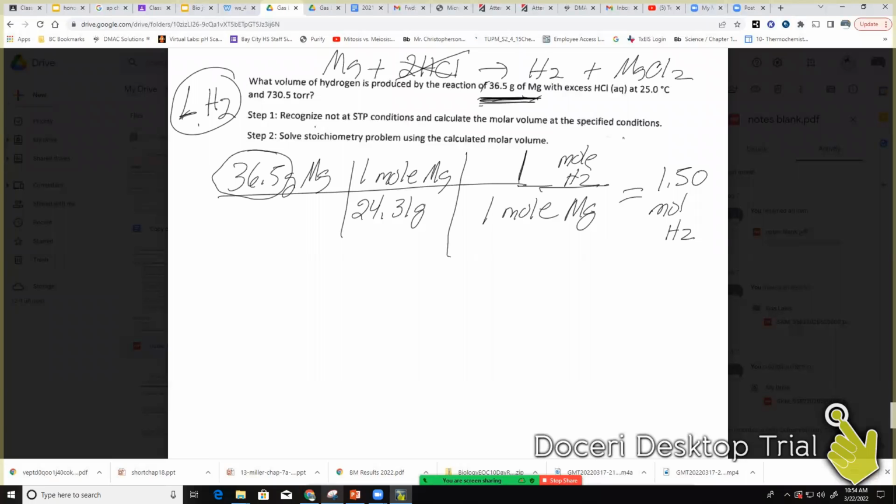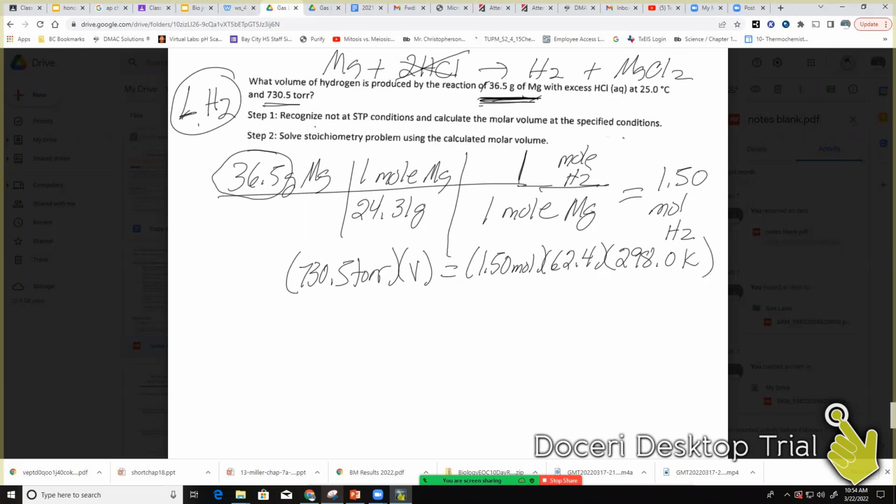So now I'll use the ideal gas law, so my pressure is 730. Oh, yes, torr. I'm trying to find my volume. My moles is why I had to use my stoichiometry. Since I'm using torr for my R, I'm going to use this one. And then my temperature would be 25 plus 273, which is 298 K. All right.